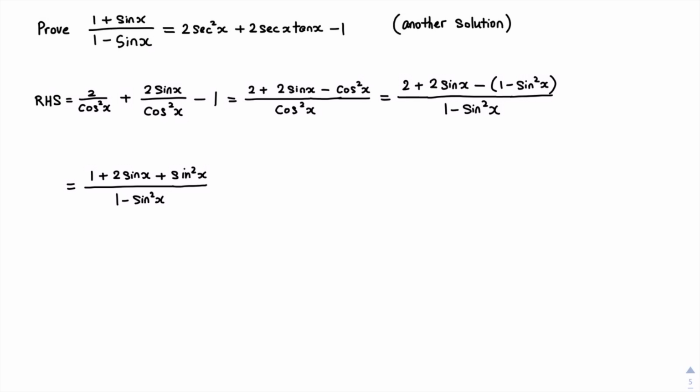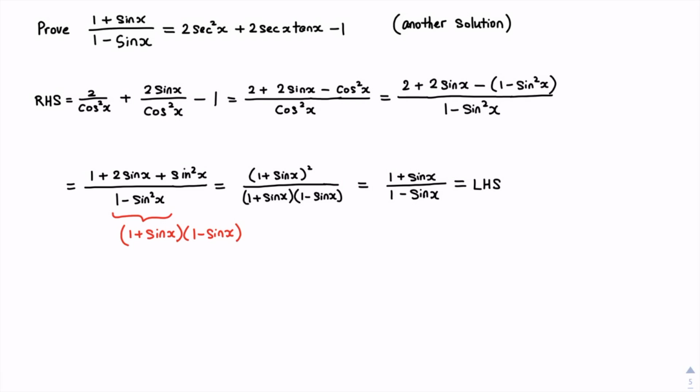Now the next thing to note is that 1 minus sine square x can be factorized into (1 plus sine x)(1 minus sine x), so I can do that. And I can also factorize the numerator into (1 plus sine x) squared. And there is a common factor, 1 plus sine x, in the numerator and the denominator, I can cancel that, and this gives me the left-hand side.